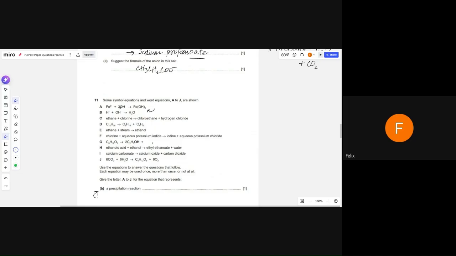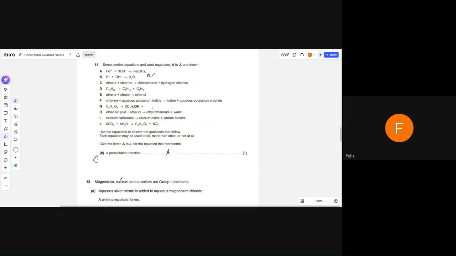So the iron(III) and hydroxide ions combine to make iron(III) hydroxide, which is a solid. So the letter will be A. I hope this is clear.